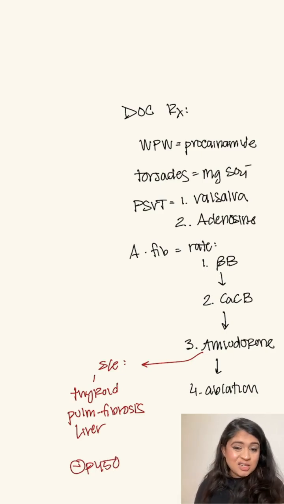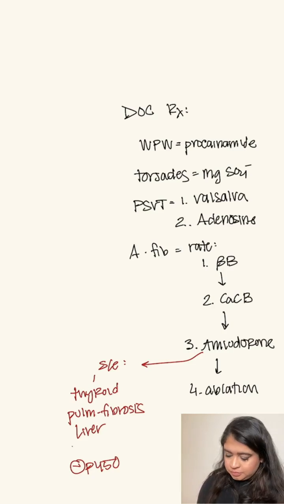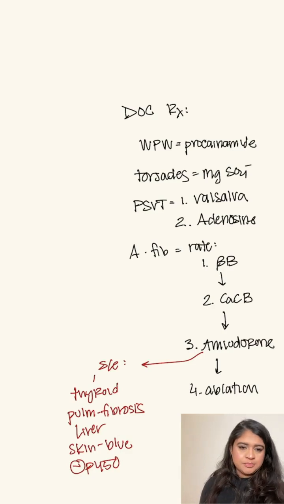It can also cause skin issues, like bluish discoloration of the skin. Smurf syndrome is what I call it, right? So blue skin. Irreversible too. So skin turns blue, discolored.